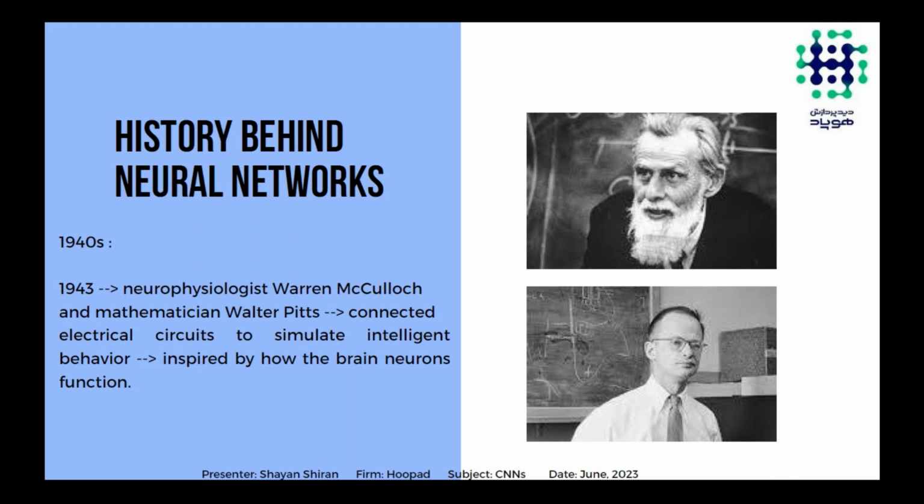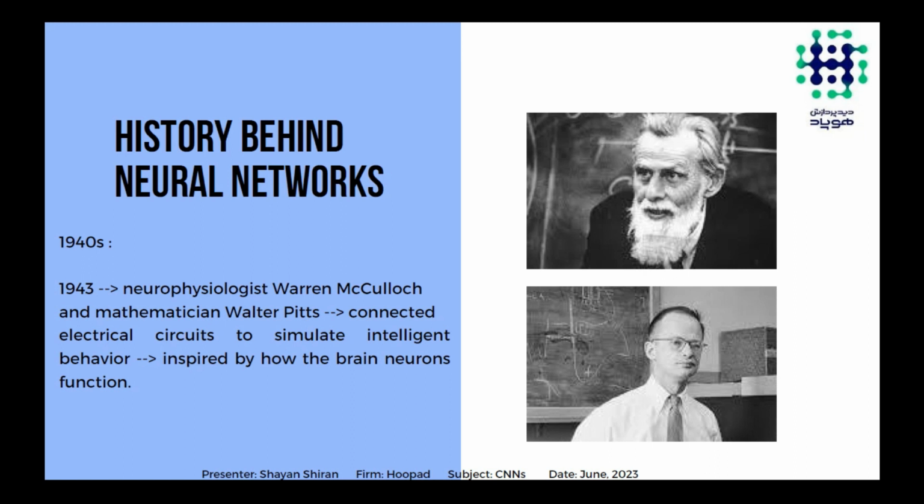Let's go back to the 1940s, and to be precise, 1943, when neuropsychologist Warren McCulloch, the man you're seeing here, and mathematician Walter Pitts were inspired by how brain neurons work, so they connected some electrical circuits together to simulate intelligent behavior.